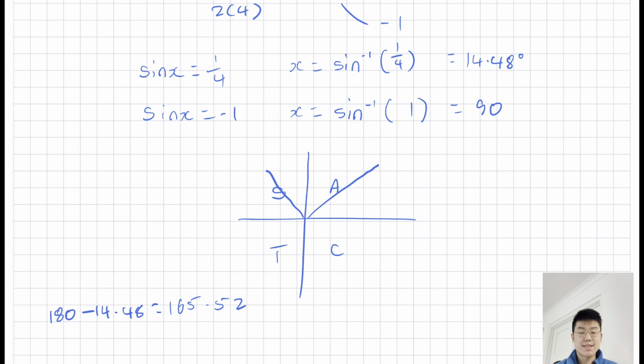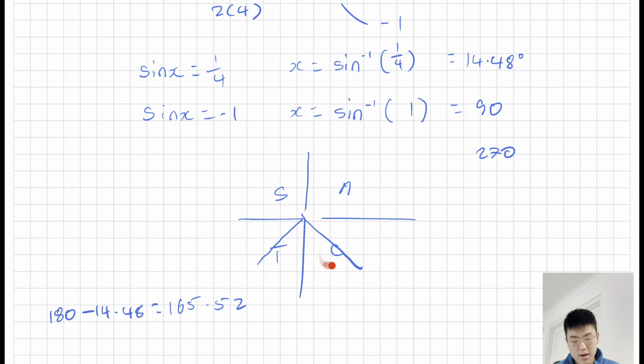And then finally, the last one here, sine x is equal to minus 1. So where is sine negative based off of this unit circle or cast circle? So we have CAST. So sine is negative in tan and cosine. So what do we do when we have an angle in this quadrant and this quadrant? Well, if we have an angle in this quadrant, we add 180 to it. So we have 270.